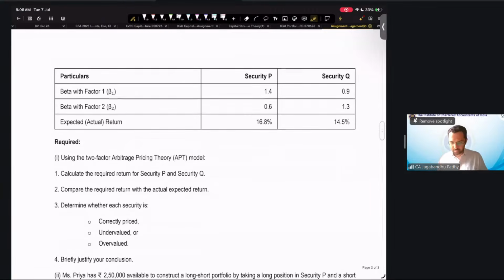Then you have the securities P and Q, beta 1 and beta 2, and then you have the expected or actual return.